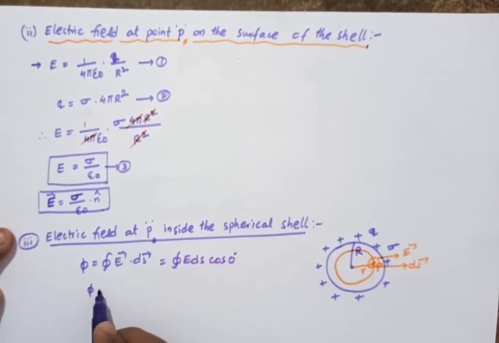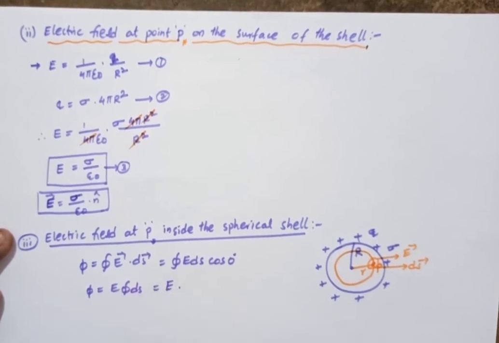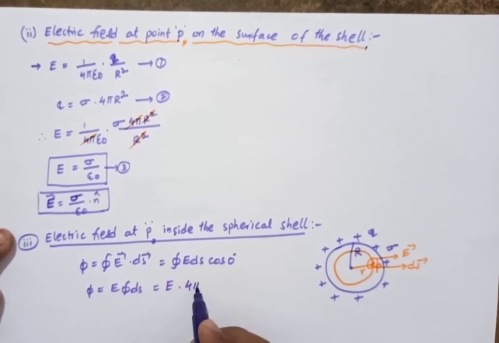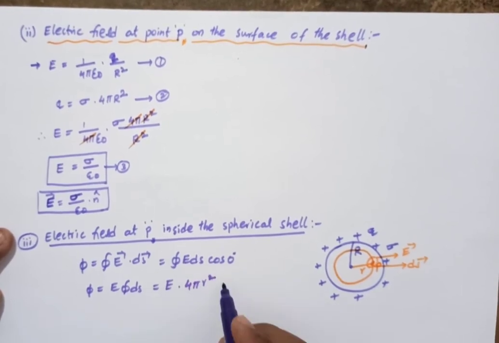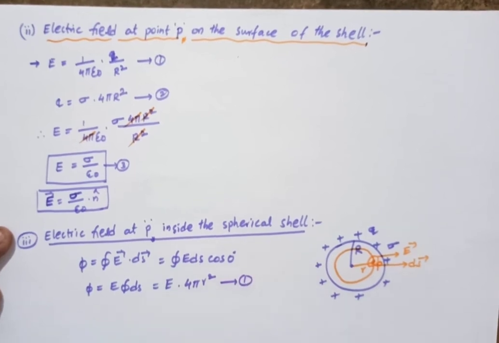So Φ equals E times the closed integral of ds, that equals E into 4πr². Okay, so this is equation number 1.